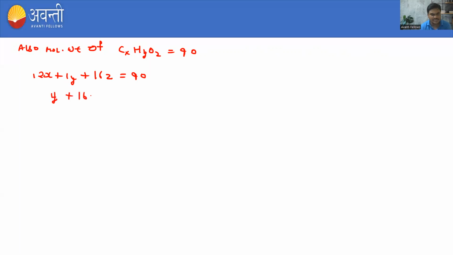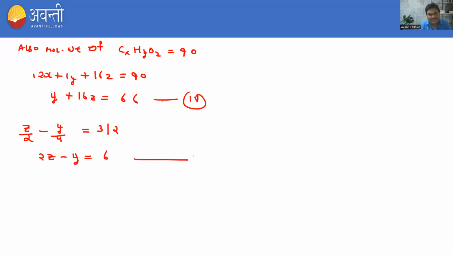So y plus 16z is equal to 66. Now from the values we know that z by 2 minus y by 4 is equal to 3 by 2. So 2z minus y is equal to 6.